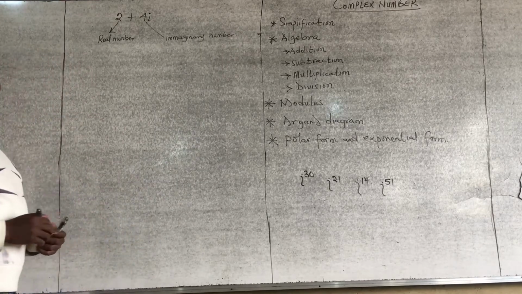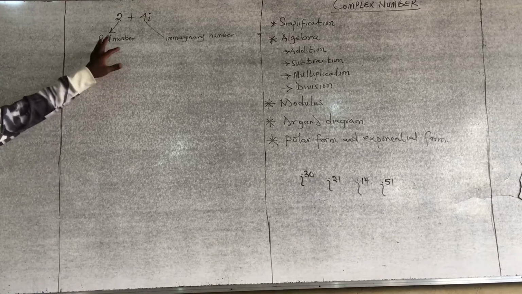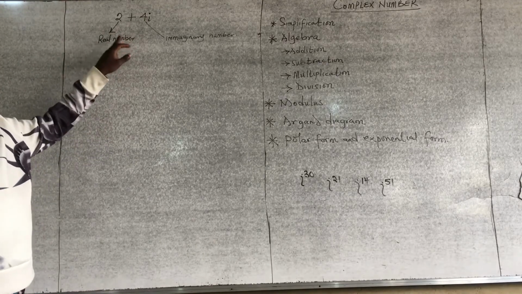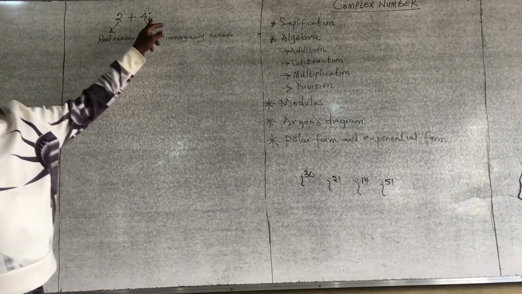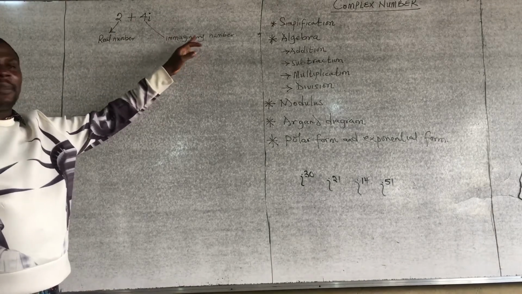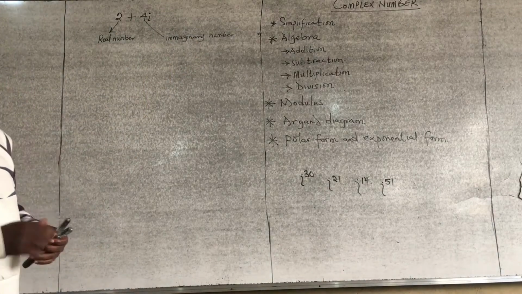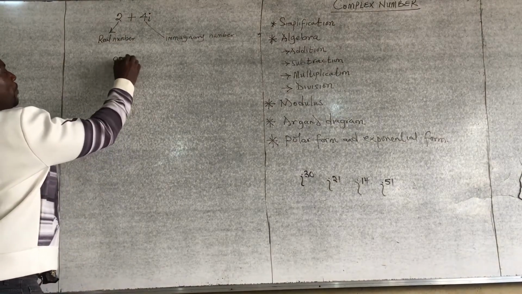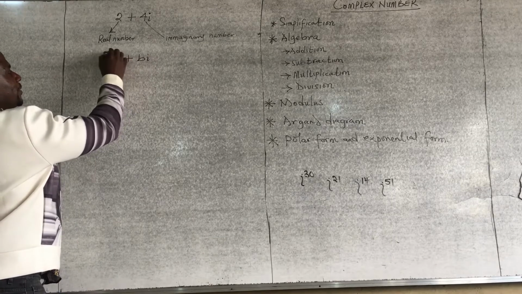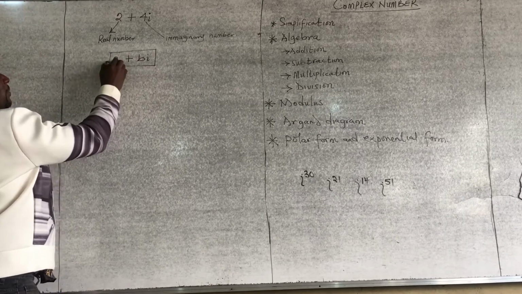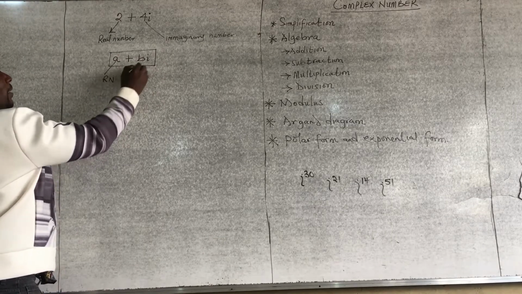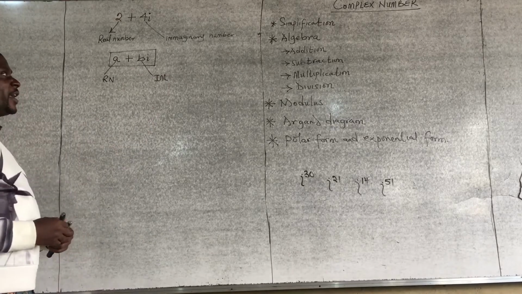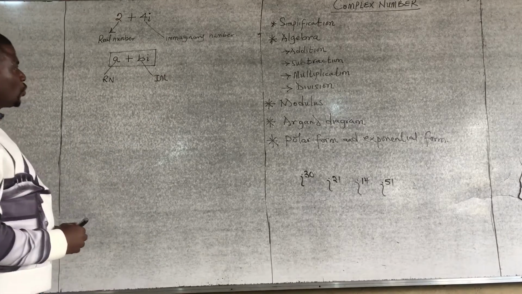So in a complex number, the number without the i is the real number, and the number with the i is the imaginary number. So it's like saying when I have a plus bi, then my a is the real number and b is the imaginary number. Don't forget.